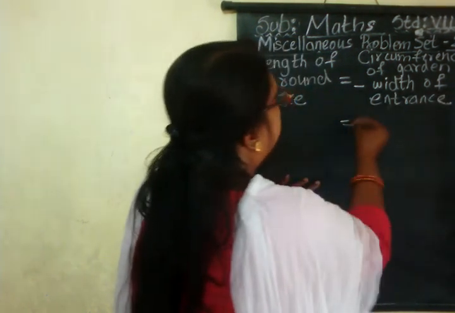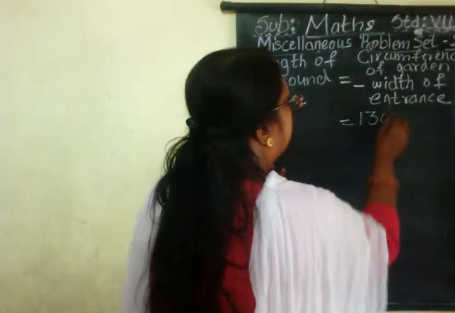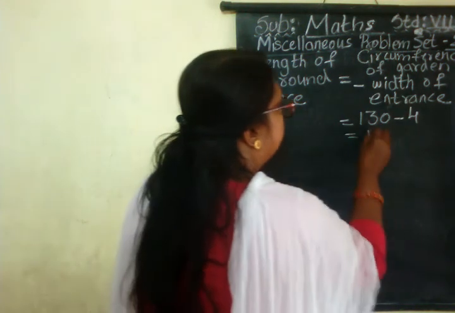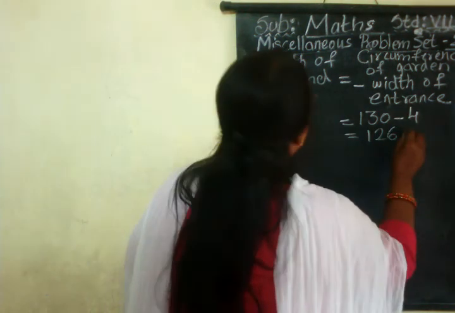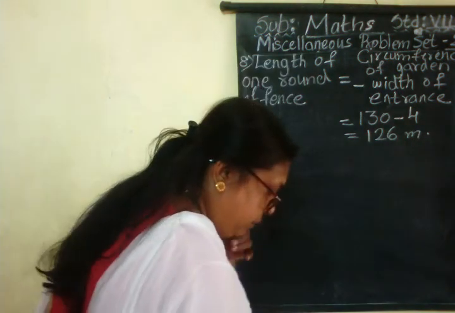That you get as, you got perimeter as 130, that is the circumference. So 130 minus 4 is the width of entrance. So it gives you answer 126 meter. So 126 meter one round.